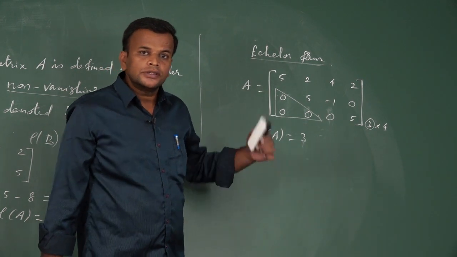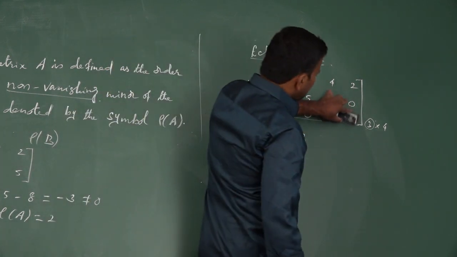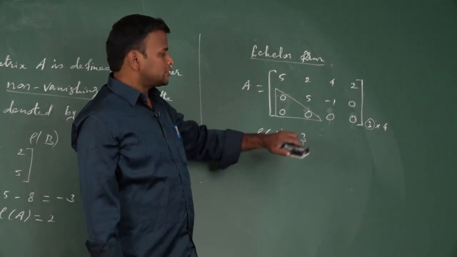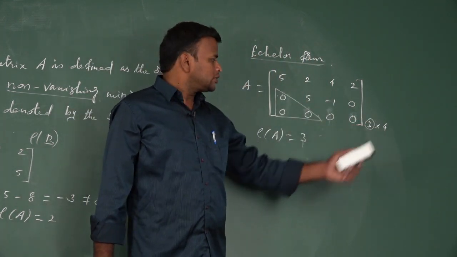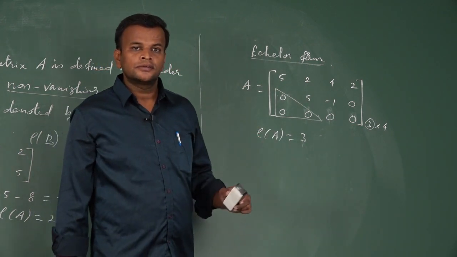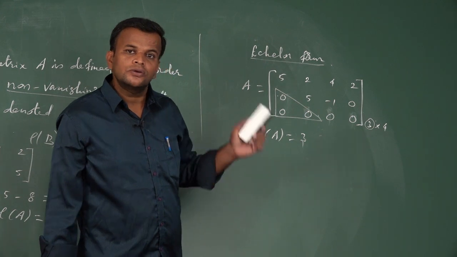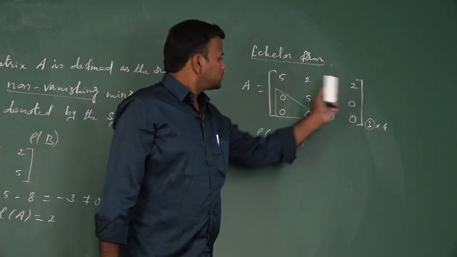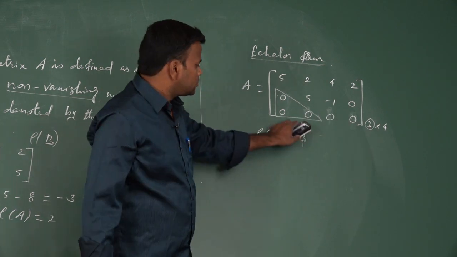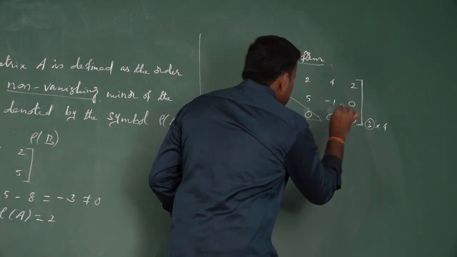The rank is still 3. Suppose with some changes this element is also 0 and this 2 element also becomes 0. Now you check the number of non-zero rows: 1, 2. The third row is fully 0, so the rank of the matrix is 2.